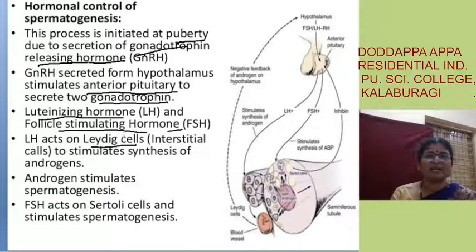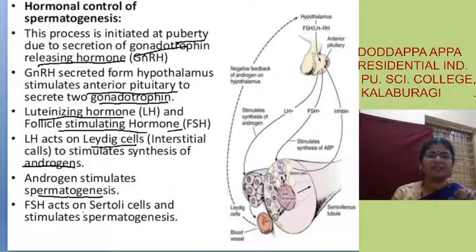The LH will act on the Leydig cells, or what is the other name of the Leydig cell? It is the interstitial cells, which will stimulate the synthesis of androgens. It will help in the synthesis of androgens, and these androgens will stimulate the spermatogenesis process in the seminiferous tubule.